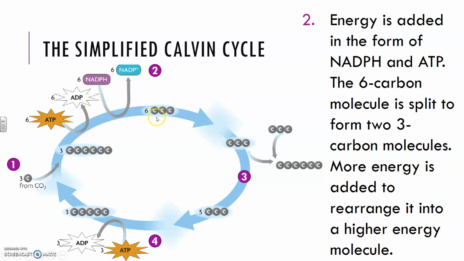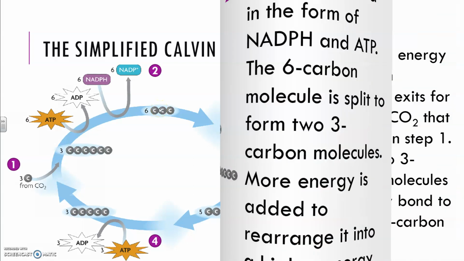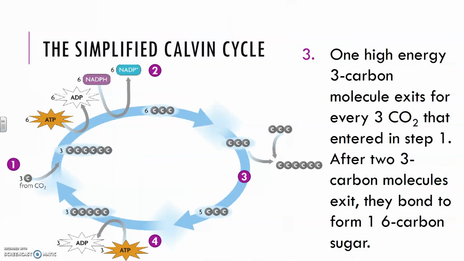And that's going to rearrange these 3 carbons into a higher energy molecule. Now that higher energy molecule is actually going to exit the cycle, one of them. So then you're going to be left with 5 of those high energy 3-carbon molecules.